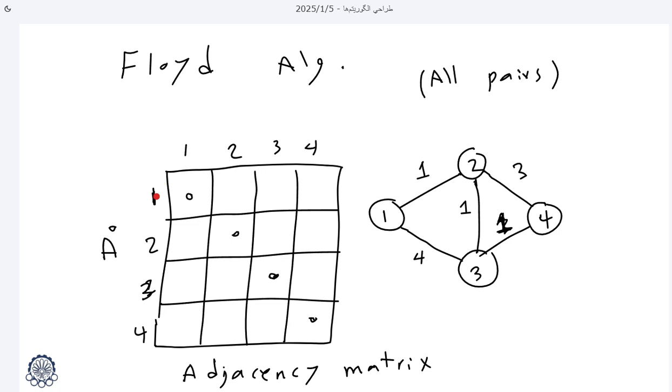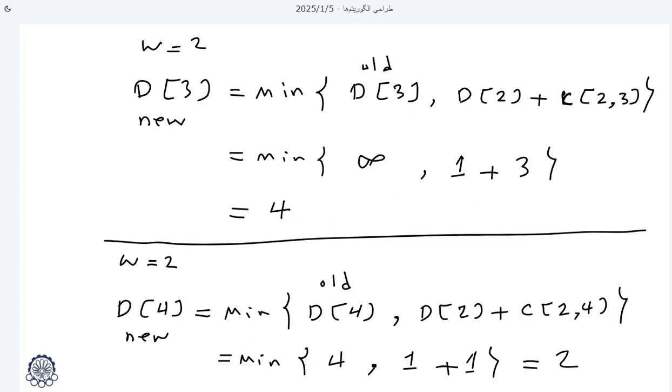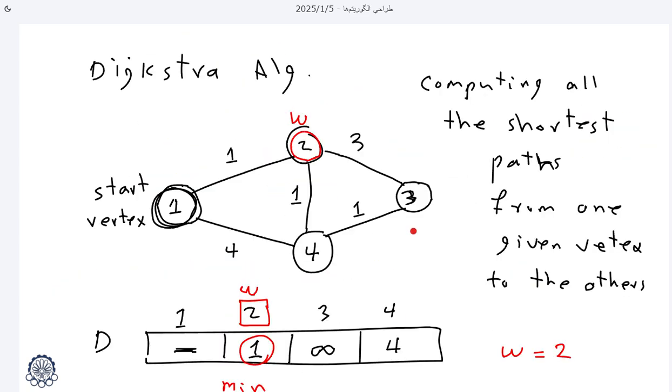The weight of edge 1 2 is 1. In the previous graph, node 3 was there and node 4 here.